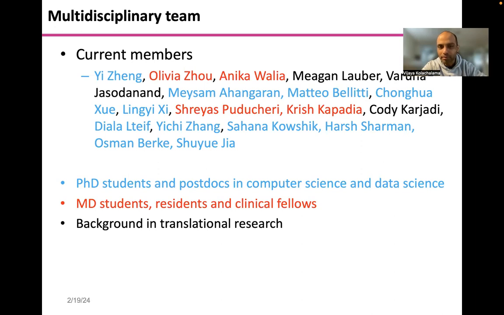We have some MD students who also collaborate with our PhD students and postdocs, and together we are very excited to work on this important question, which is related to applying machine learning and developing novel machine learning methods to process routinely collected clinical data to understand the neurodegenerative condition, which is dementia.